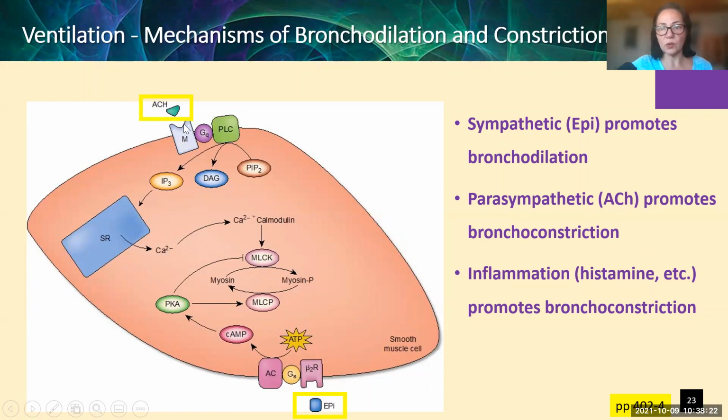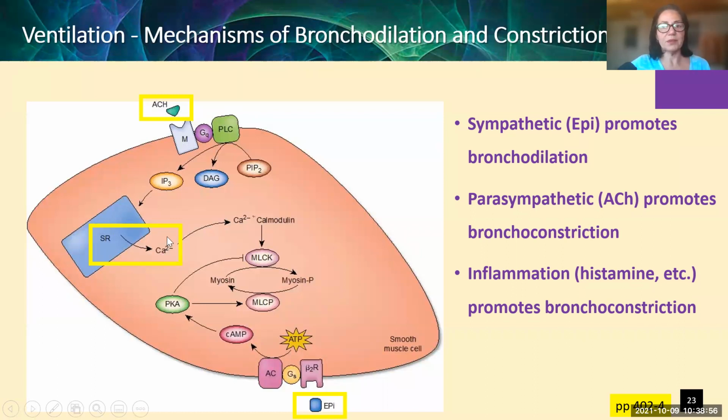Here's acetylcholine coming from the parasympathetic division, the vagus nerve. When that stimulates here, I'm going to point out something else. Here is the sarcoplasmic reticulum. That's something that all the muscle cells have. That's basically the smooth ER in a muscle cell, and its main job is storing calcium ions. So when acetylcholine comes in and stimulates that, that's going to cause calcium to be released.